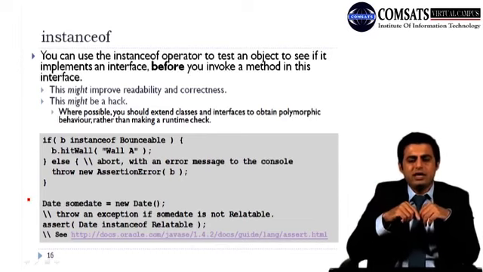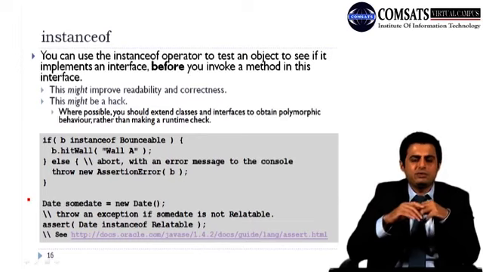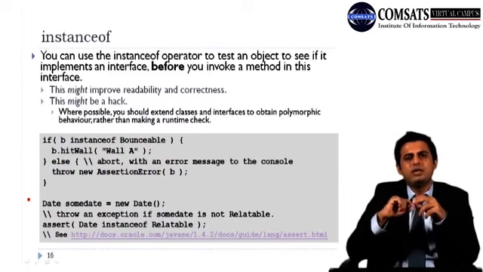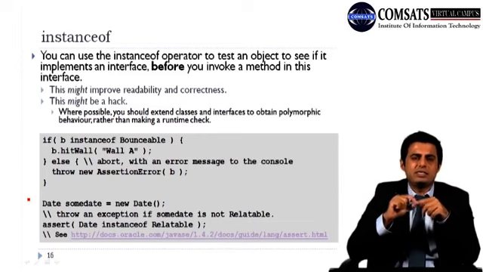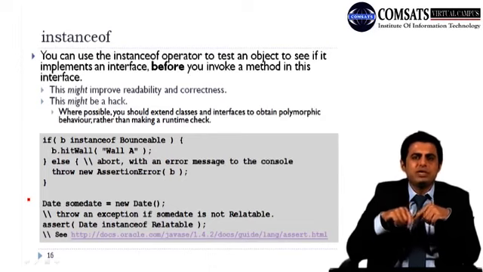We saw some examples of interfaces and inheritance, and we also saw that there are some keywords which you can use to improve the readability and correctness of the code. instanceof is one of those keywords. We also saw that you don't write data variables in the interface; you can only write static and final variables, or those variables whose value is not going to change during the execution of the system.